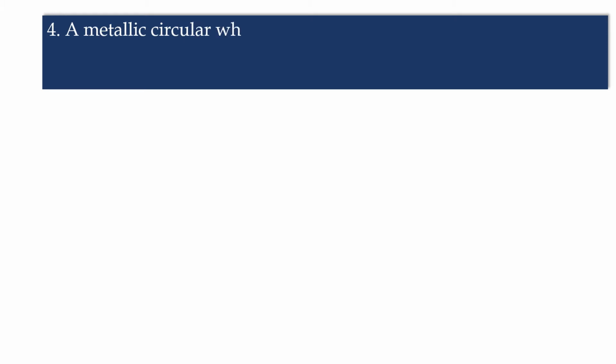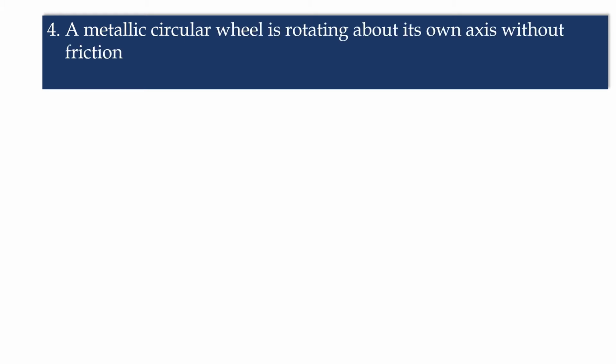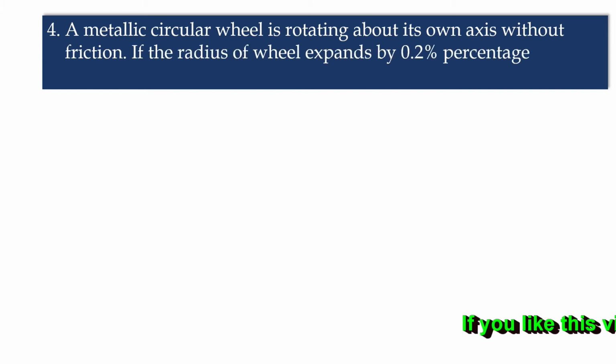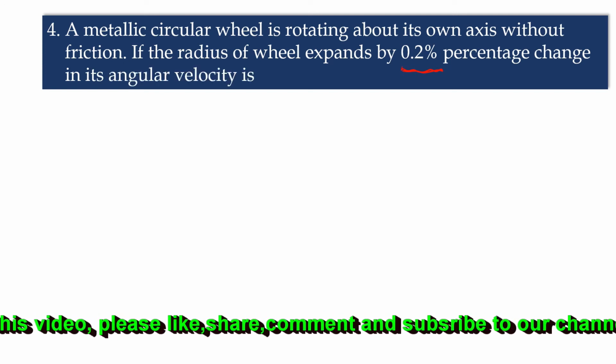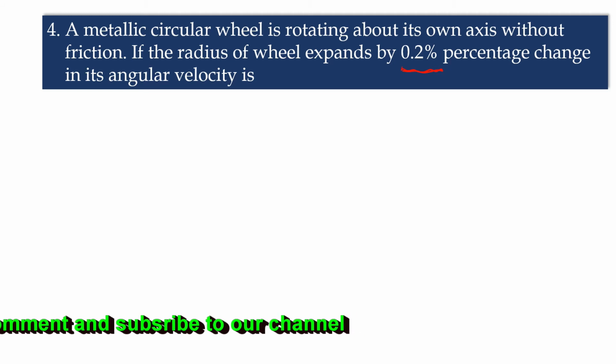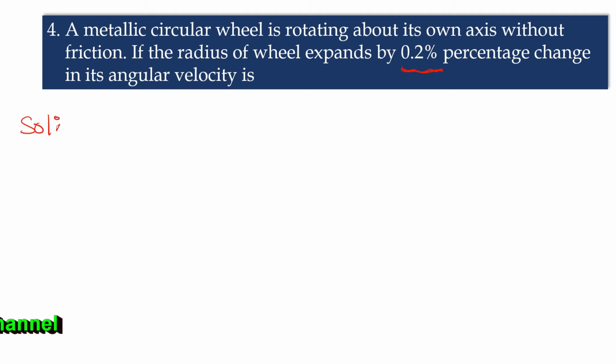A metallic circular wheel is rotating about its own axis without friction. If the radius of wheel expands by 0.2 percentage, change in its angular velocity is. Now let us go to the solution. In this question they given that radius of wheel expands by 0.2 percentage.